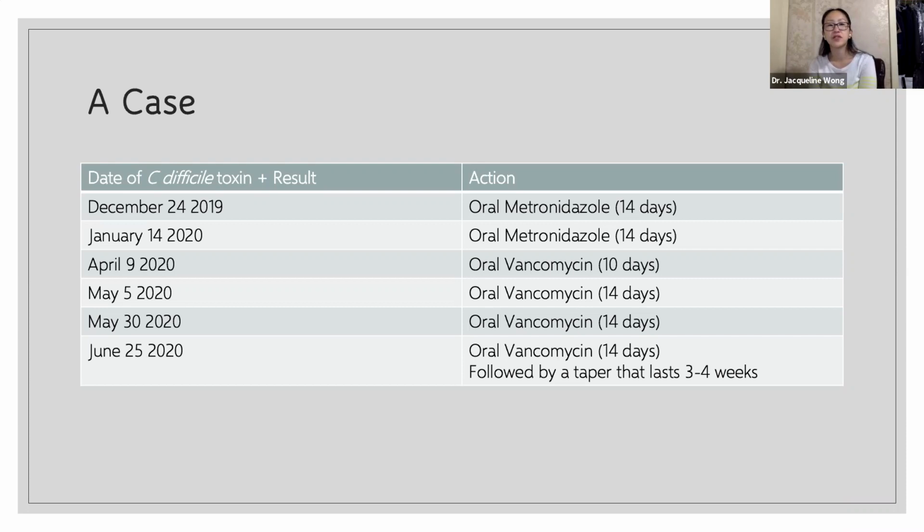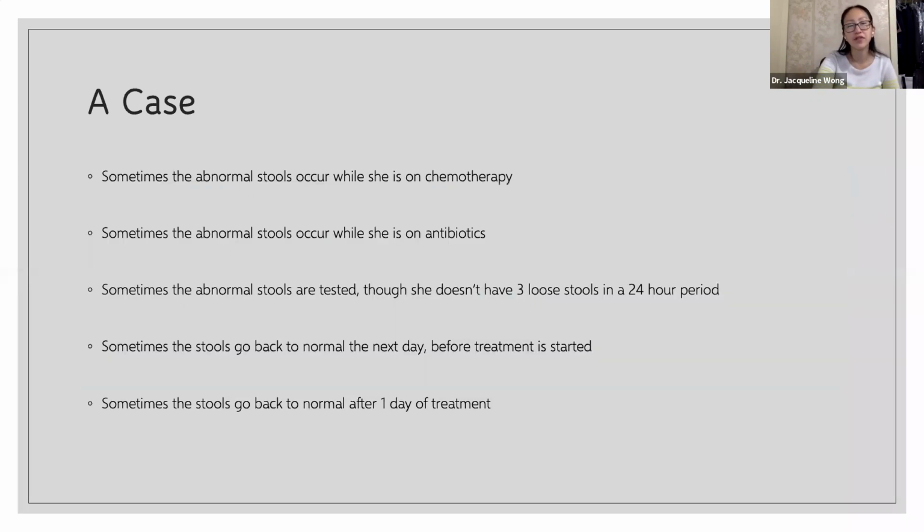All of these episodes are separated by less than a month, and in the later part of 2020, she receives an oral course of vancomycin each time. And then on the last episode, because she's had so many episodes, a decision is made to develop a tapering schedule for her. And these are the kind of questions that we run into when we are asked about a case like this.